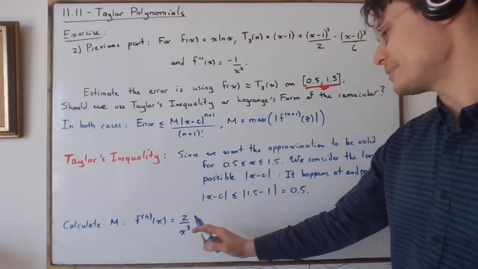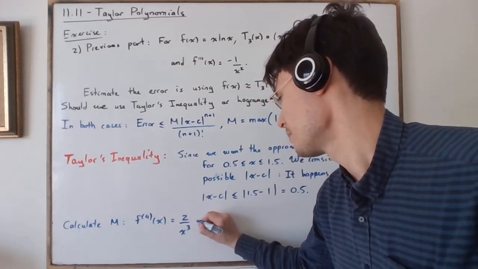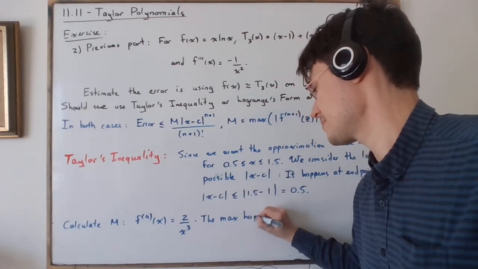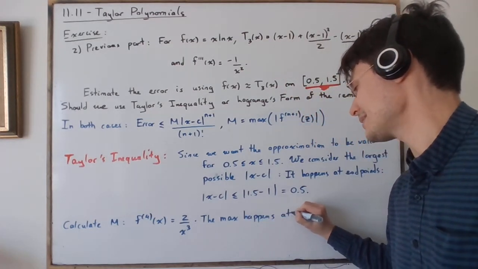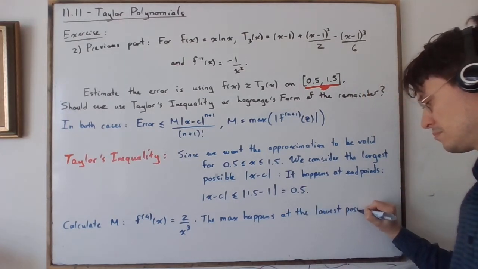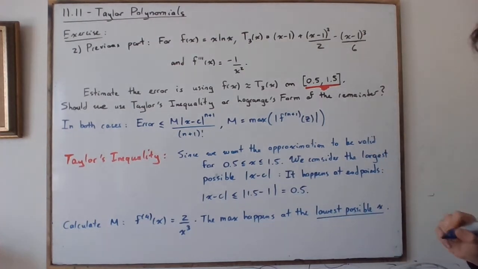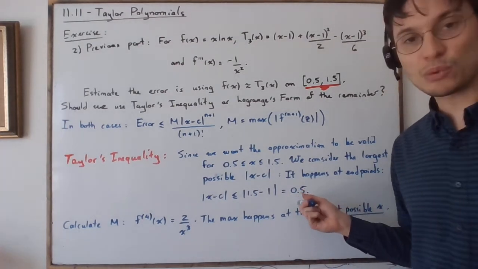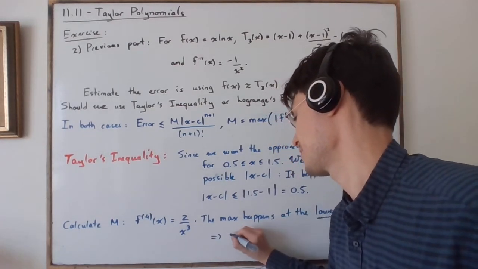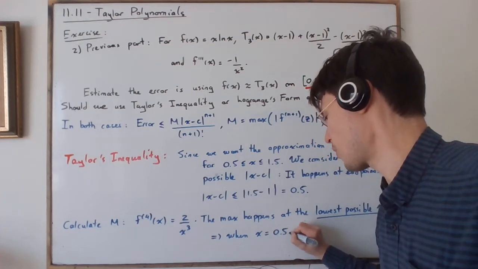As you can see, it happens when x is as low as possible. So the max happens at the lowest possible x, which in this case is when x is equal to 0.5.